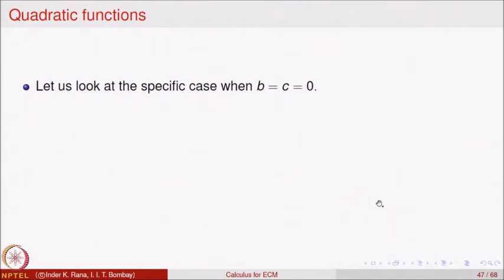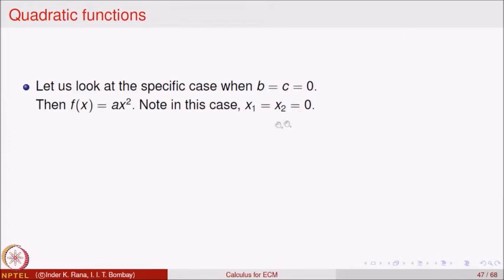Next, let us look at a slightly simpler situation when in the quadratic the coefficients b and c both are equal to 0. So, in that case the quadratic becomes f x is equal to a x square. A simple observation: for the quadratic f x is equal to a x square, what are the roots?